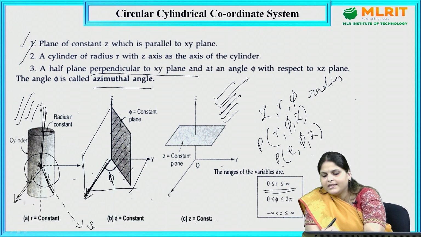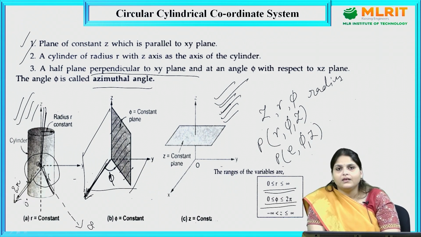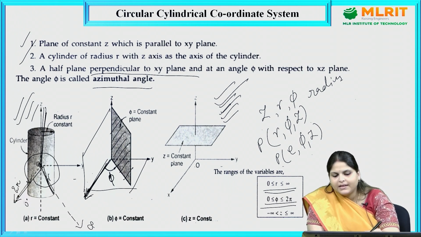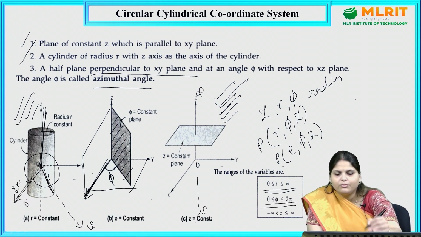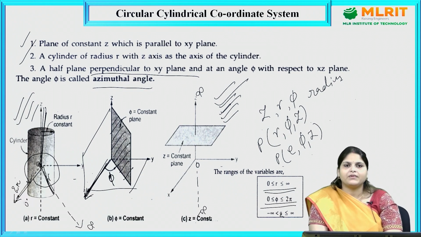It starts from 0 and completes one circle, so its range is 0 to 2 pi. And the range of z is from minus infinity to plus infinity.